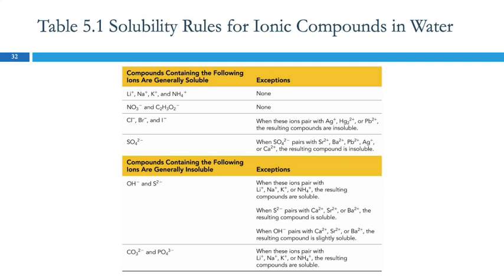Well, we don't find lead there, but here's chloride. Chloride compounds are generally soluble unless they're with silver, mercury, or lead. Lead chloride, insoluble. And I'm done. We're not going to look at any more of the table. So you start at the top and you work your way down.